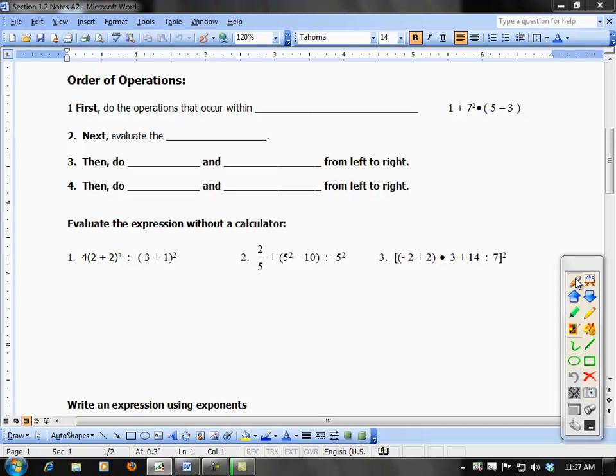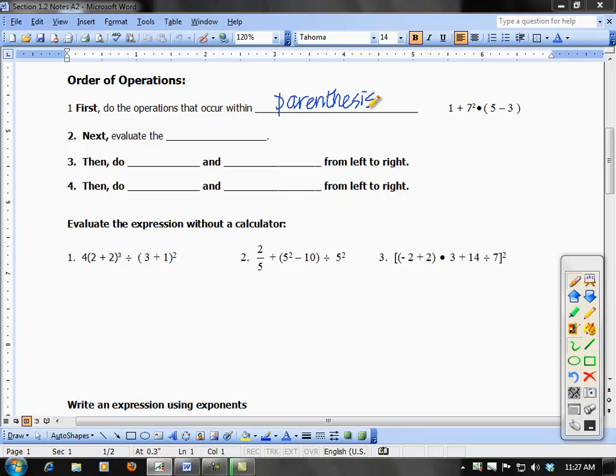Now, when we talk about order of operations, I believe you learned this phrase PEMDAS, or please excuse my dear Aunt Sally. Now, PEMDAS says first you do the operations within the parentheses, which is fine.